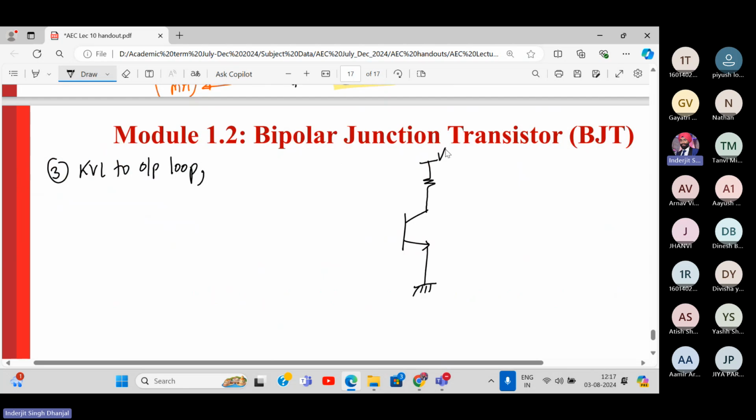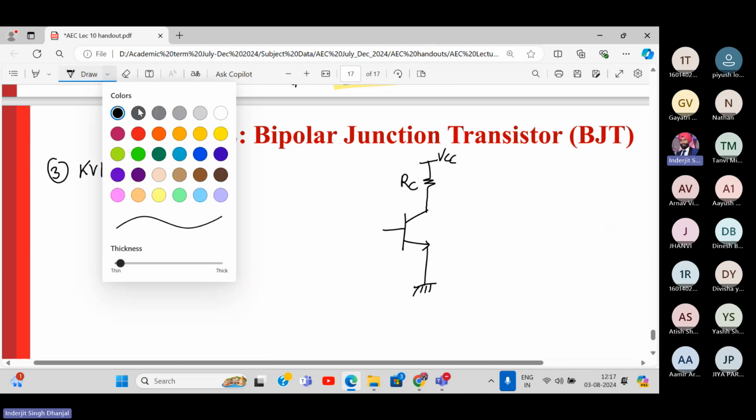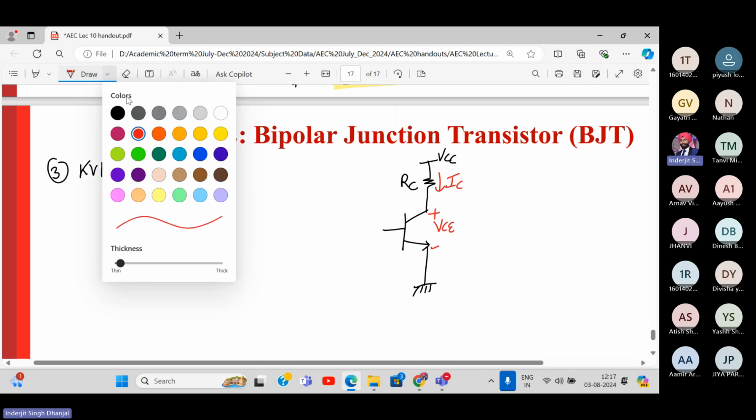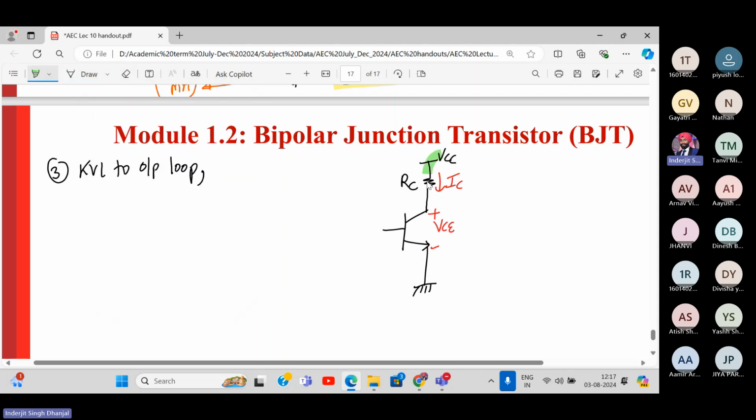I'm only interested up till here. That's it. So this is my output loop. This is my current IC, and this is my voltage VCE.